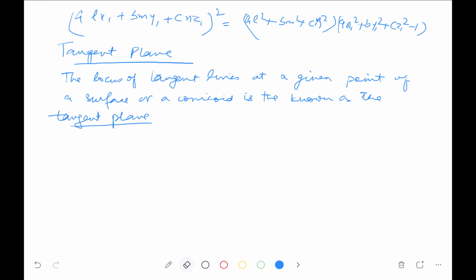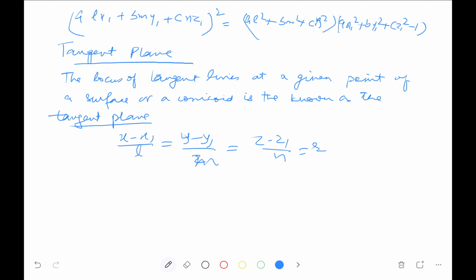To find the equation of the tangent plane at the point x1, y1, z1 of the central conicoid, we proceed as earlier. The equation of any line passing through the point x1, y1, z1 is (x minus x1) by L equals (y minus y1) by M equals (z minus z1) by N. Let each be equal to r.